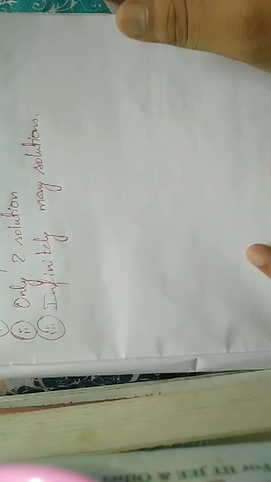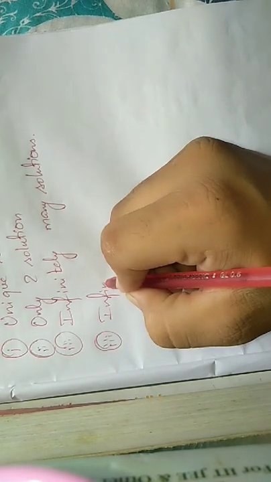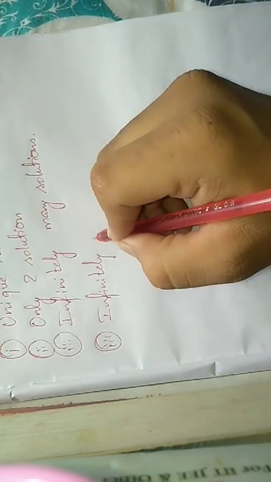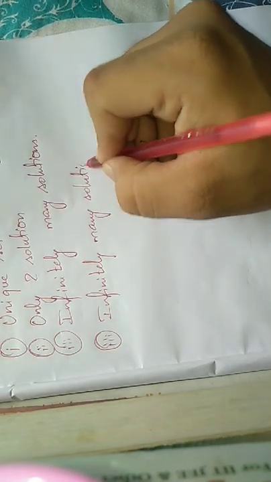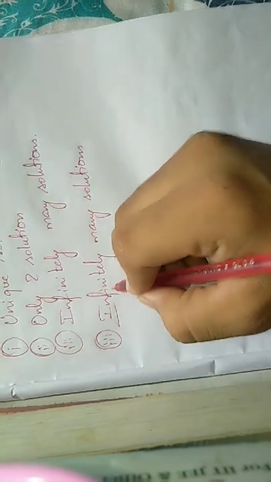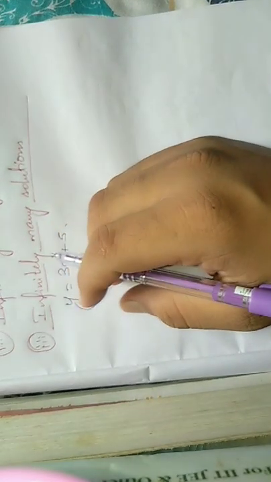I'll give you an example of each of these. I'll start with infinitely many solutions. Suppose I'm talking about a question, y is equal to 3x plus 5. So how do we get to the solution of this question?